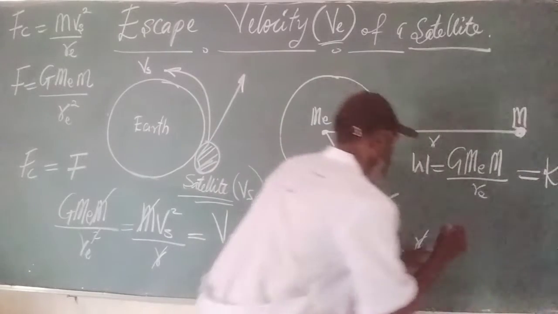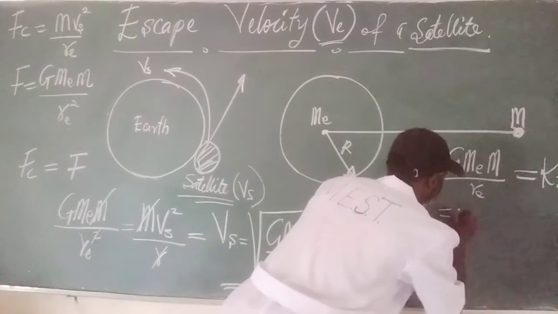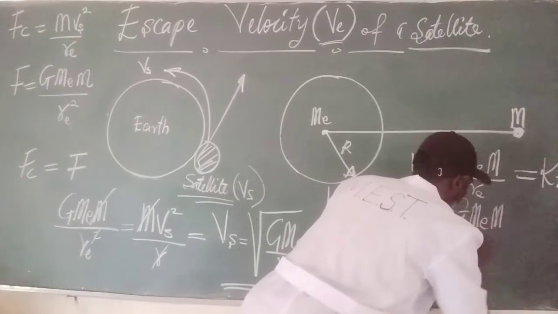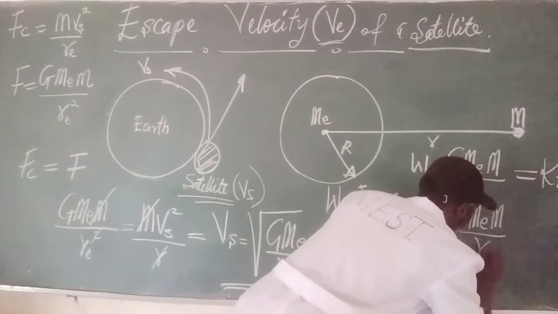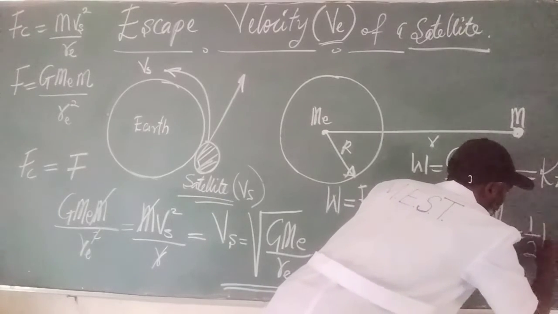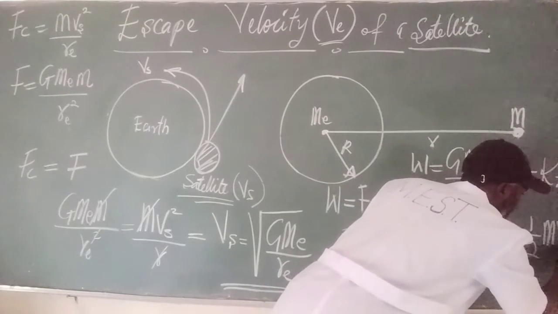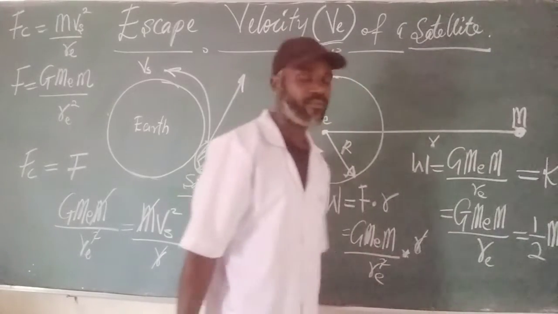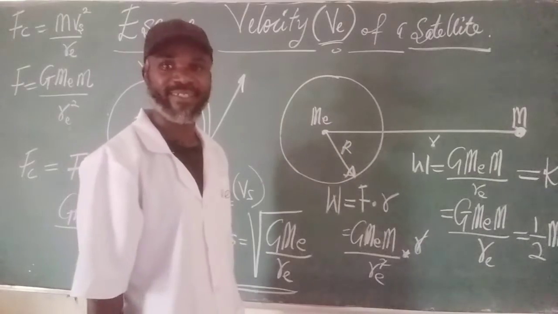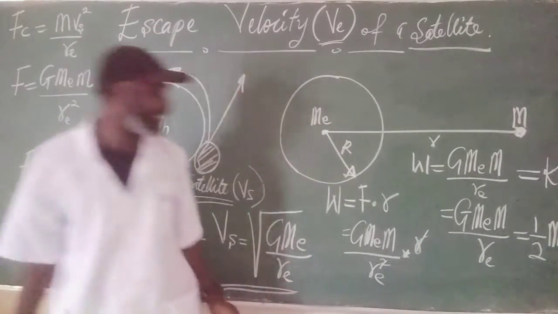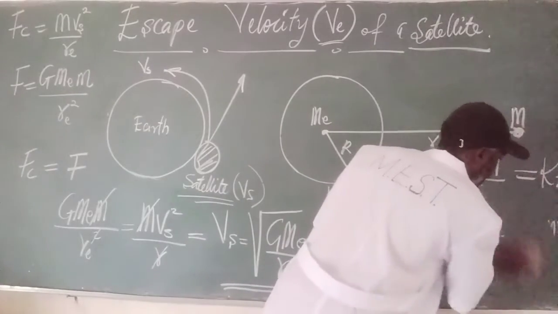We now restate this once again: G Me m over Re is equal to one half m v. This time around we use Ve, squared: Ve squared.